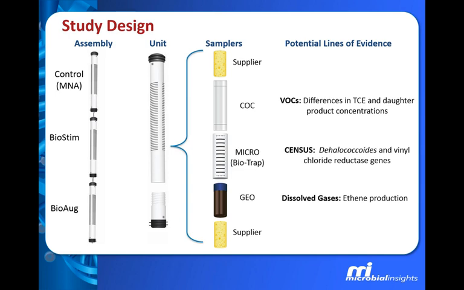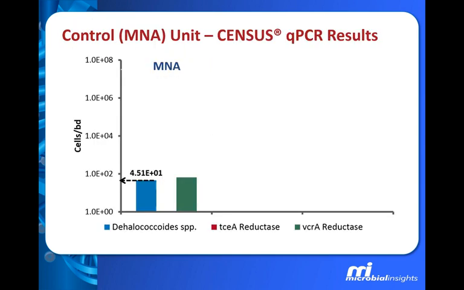And we'll use the geosampler to look for dissolved gases, in particular ethene production. In the biostem, the suppliers will be used to supply the electron donor. In the bioaugmented, again, the biotrap will be pre-incubated with the commercial culture to load that commercial culture into the beads before incubation in the monitoring well.